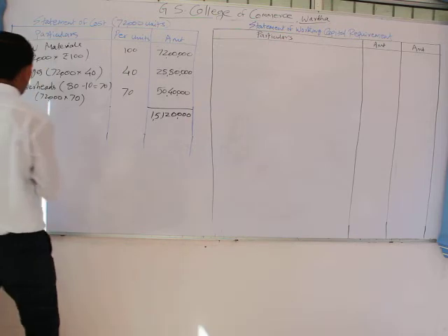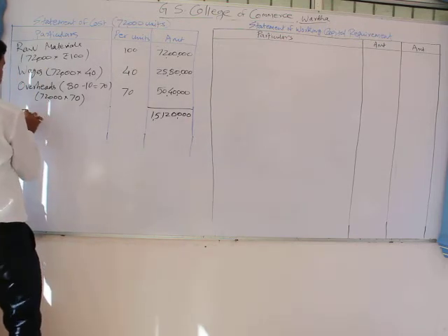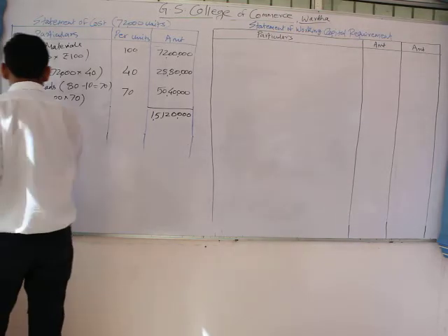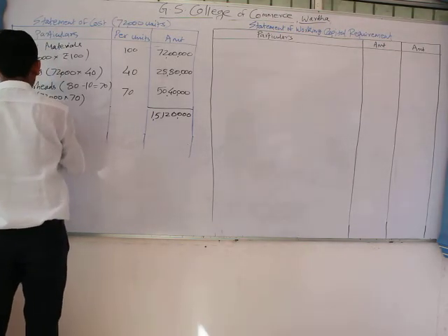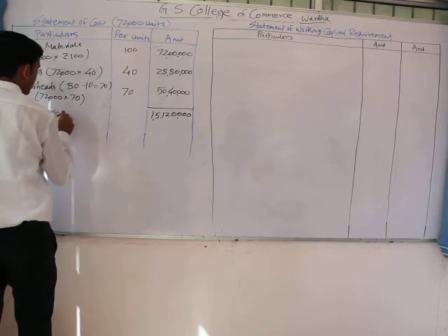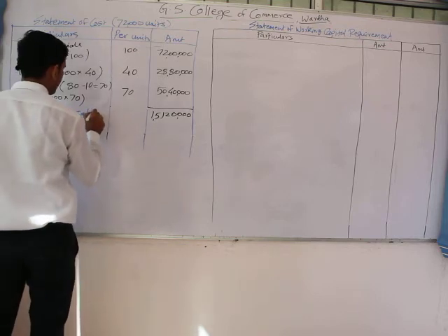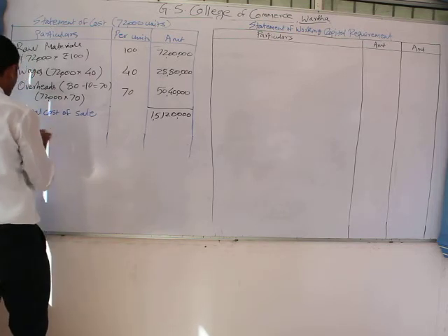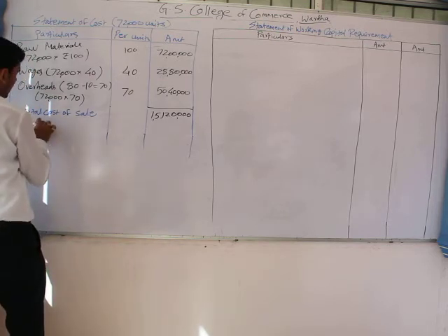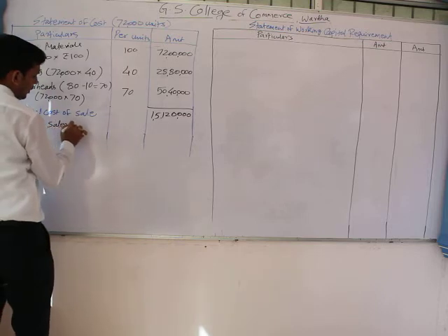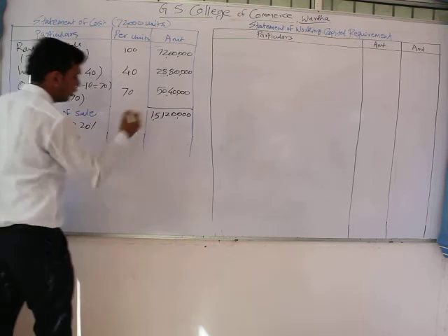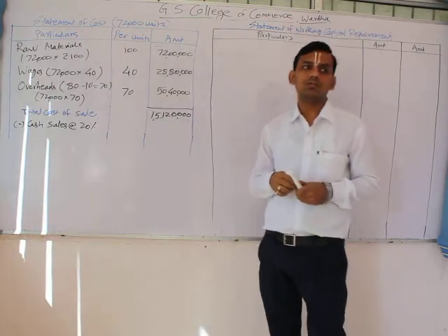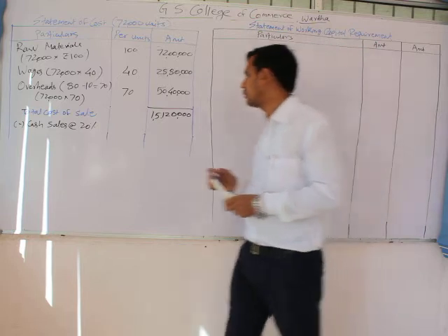This is the total cost of sales, that is 1 crore 51 lakh 20,000, minus cash sales at the rate of 20%. 20% of 1 crore 51 lakh 20,000 amounts to rupees 30 lakh 24,000.